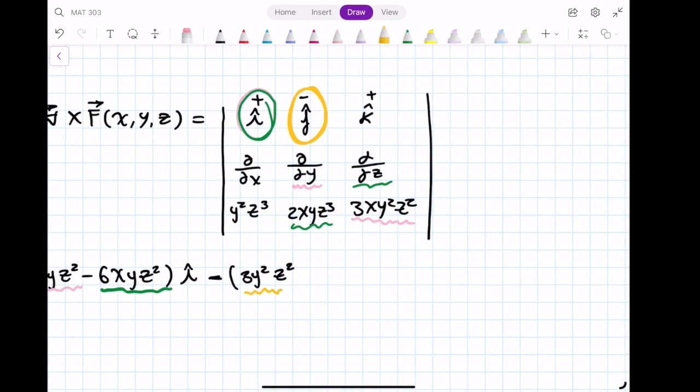I got it from this one and this one, the partial with respect to x, and the next one is 3y squared c squared that I got from the partial with respect to c here and here, and also j hat, right?